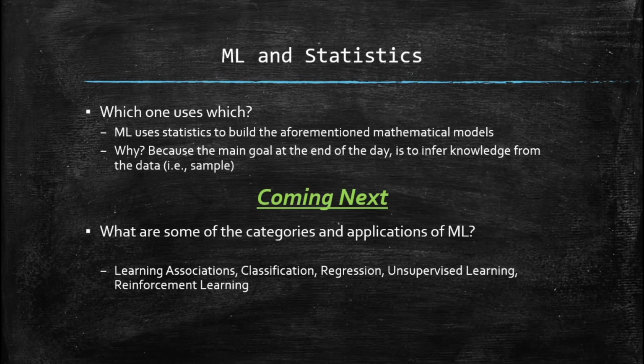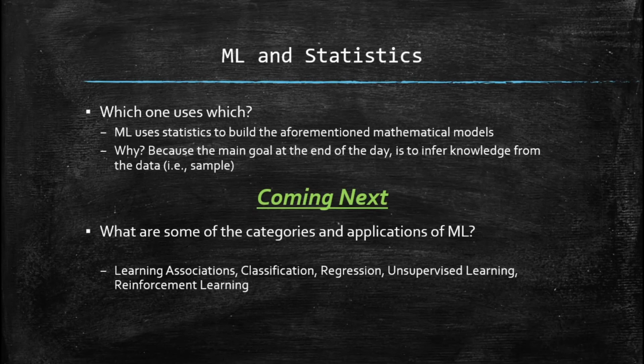Perfect. I hope that you've enjoyed this course. I enjoyed it definitely because it's a very nice and gentle introduction to machine learning, and we will just smoothly transition into the next step, in which we will talk about the categories and other applications of machine learning, and we will become more technical.